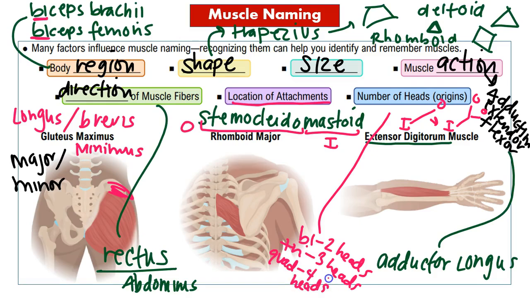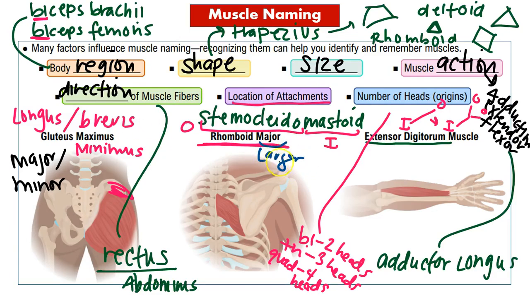Okay. Now let's go ahead and get an example here, which is going to be our example before we get into our real example, which is the rhomboid major. Well, remember we said about major. Rhomboid major, rhomboid minor probably, because major and minor go hand in hand when we're talking about what? The size. And major should be larger than minor. I know this is going to be a larger muscle, okay?